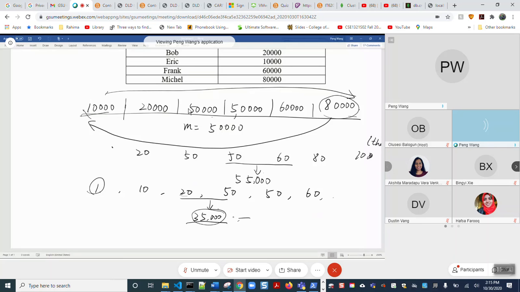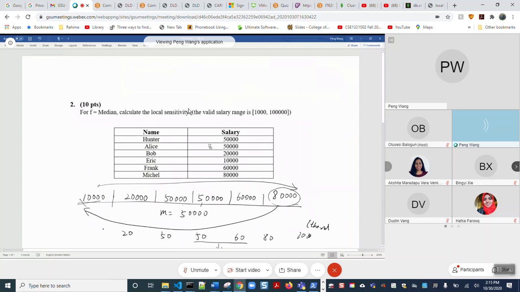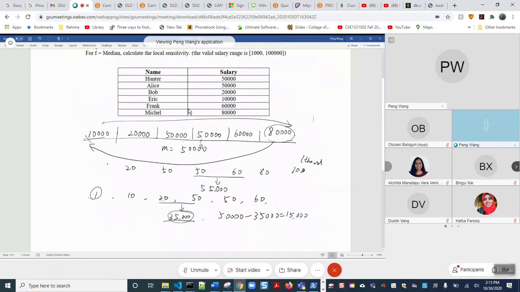And the local sensitivity will be 15,000. This is the answer for the second question, to calculate the local sensitivity.